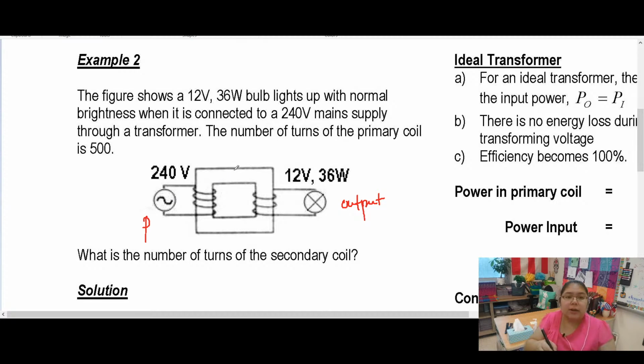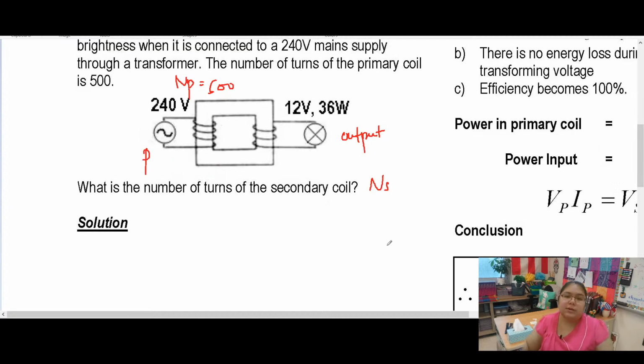Now they say the number of turns of the primary, Np equals 500. What's the number of turns of the secondary? It means they want to find Ns. So we just apply. Ns, so we put Vs first. Vs over Vp equals Ns over Np.